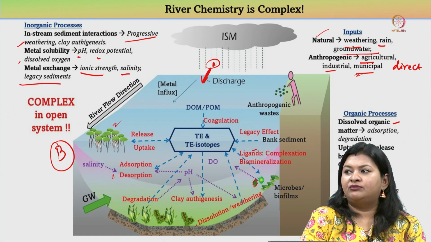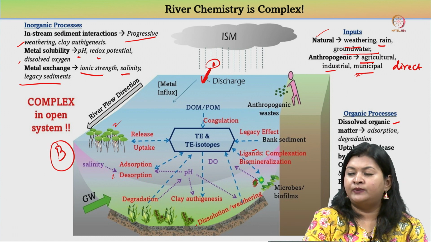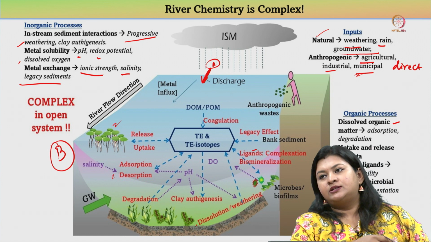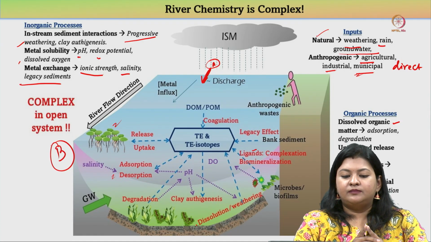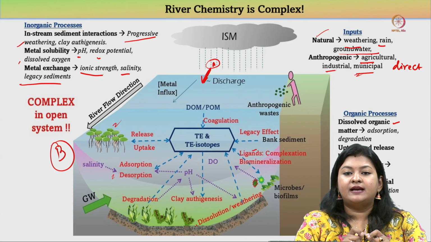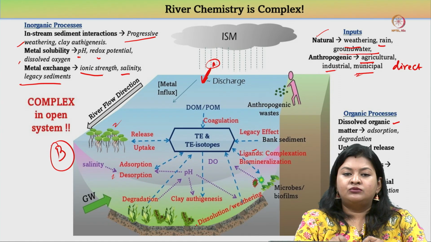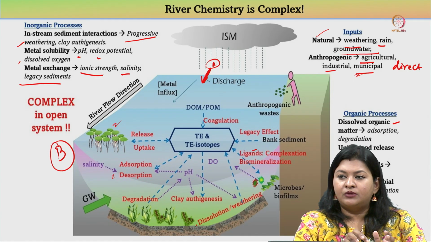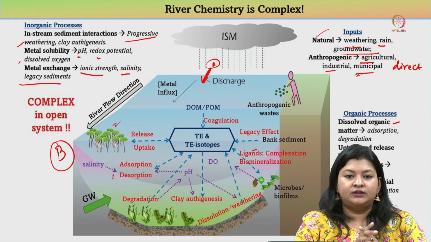If something is coming from groundwater, we can use a groundwater tracer or a weathering tracer. For weathering, strontium isotopes and neodymium isotopes are specific isotope systems that can give us information about the weathering system. For anthropogenic inputs, we can look into the lead isotope system, which will give us a lot of information.